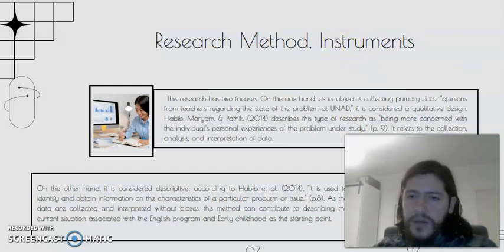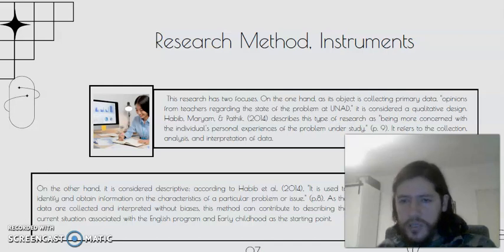Instruments, of course, are in two forms. On the one hand, I had a matrix where I had some information from these 27 universities. I checked the websites and the curricular programs from each university, trying to find programs that are focused or that were focused on early childhood and teaching English.